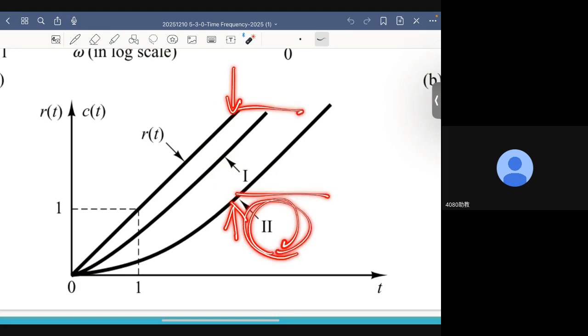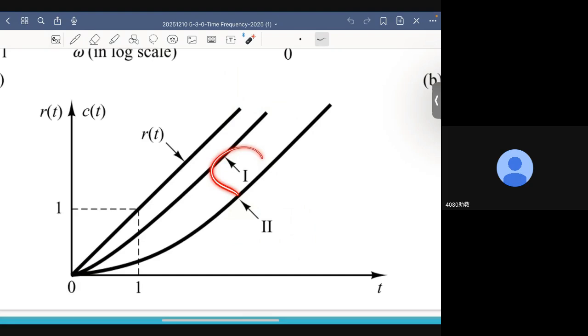Because it is faster, it is more capable of catching up with the moving target. Remember, now the command is not a fixed constant. It is a function of time, and that function of time has only one trend. It increases linearly with time.